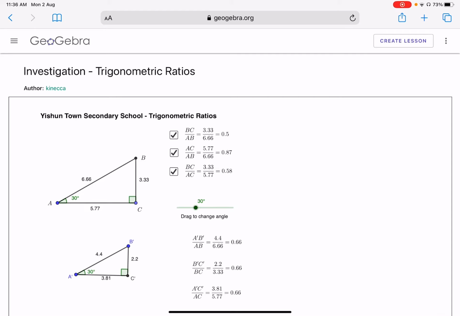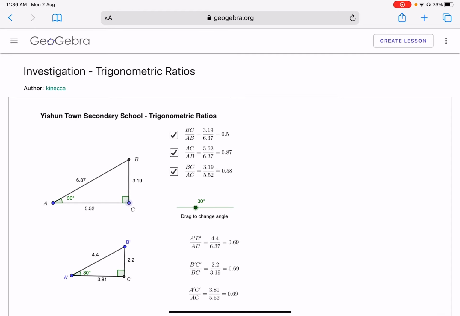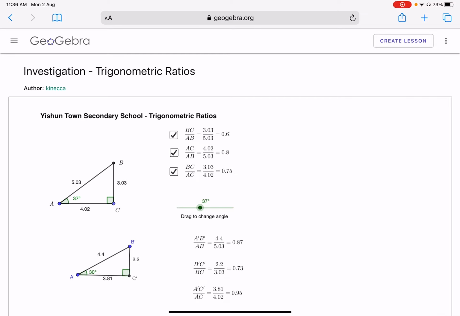Let's say I try to fix AC to 4. Then you just change the angle accordingly, fill in the table, compare the three different ratios, and write down your observation there.